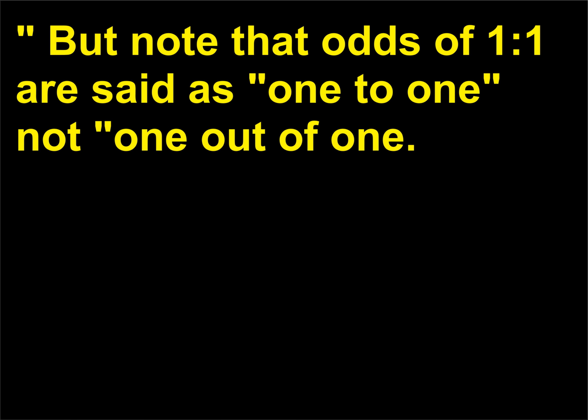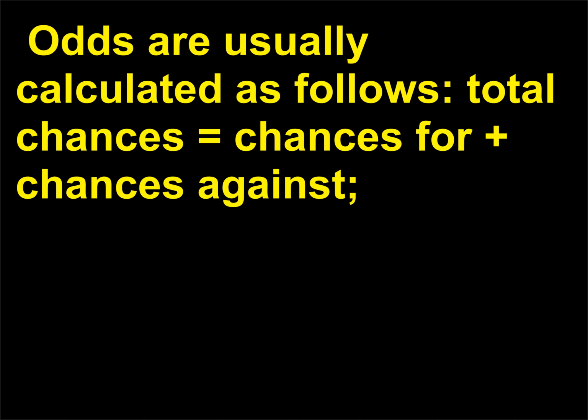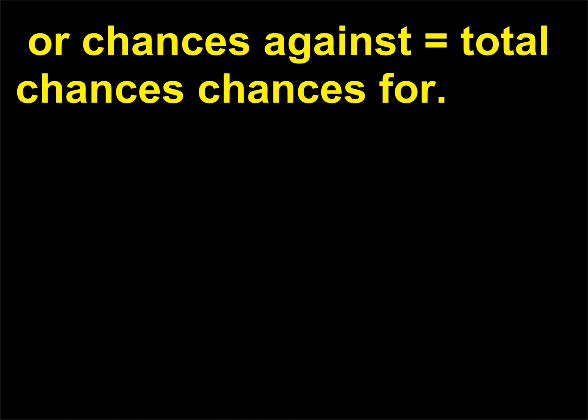But note that odds of 1:1 are said as 1 to 1, not 1 out of 1. Odds are usually calculated as follows: total chances equals chances for plus chances against.